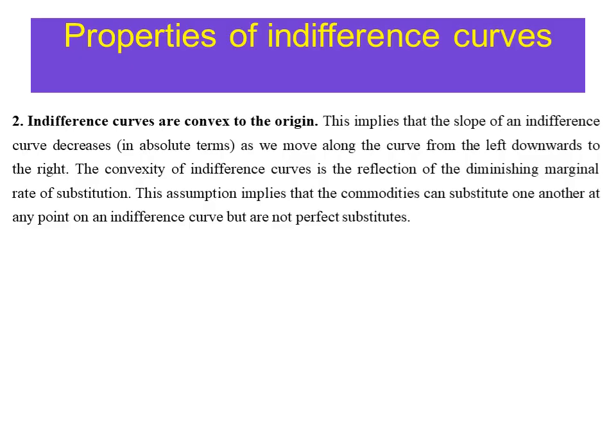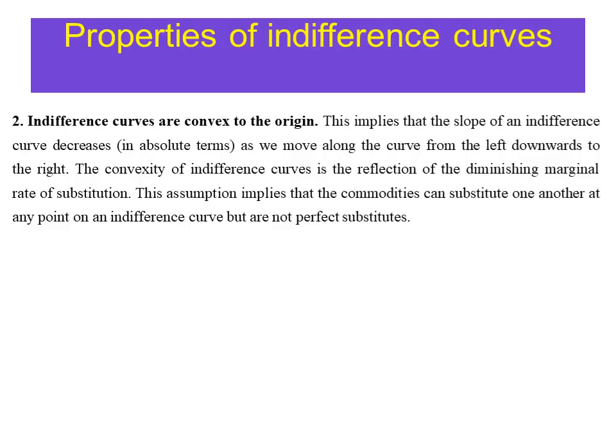The convexity of the indifference curve is the reflection of the diminishing marginal rate of substitution. When you go down, the marginal rate of substitution is diminishing. So, the assumptions imply that commodities can substitute one another at any point on the indifference curve, but are not perfect substitutes. The commodity you choose is not a perfect substitute.